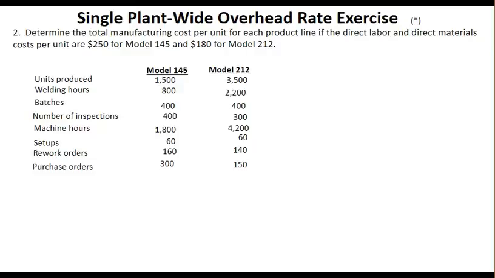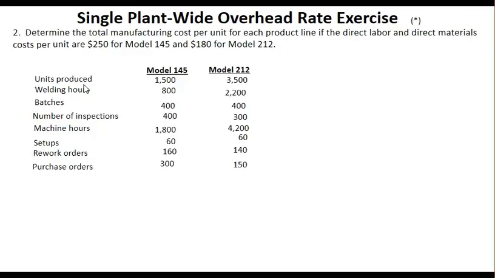Now we're being asked to determine the total manufacturing cost per unit, in other words, per model unit for each product line, if direct labor and direct material cost are $250 for model 145 and $180 for model 212. And again, these are all the metrics that we just took a look at in terms of the cost drivers: welding hours, batches, number of inspections, machine hours, setups, rework orders, and purchase orders.